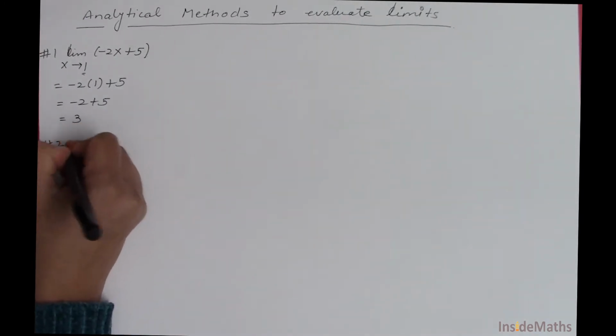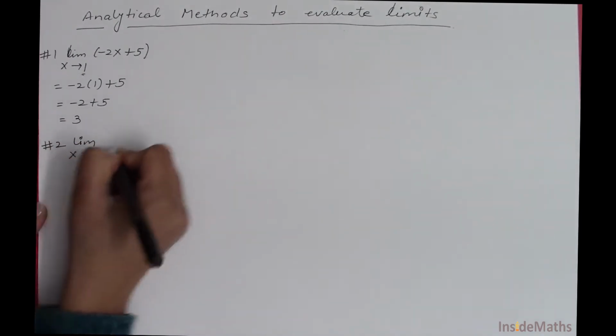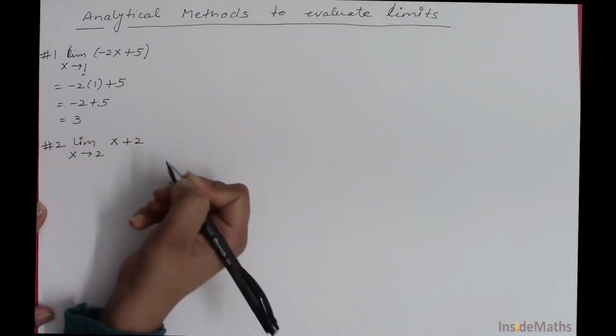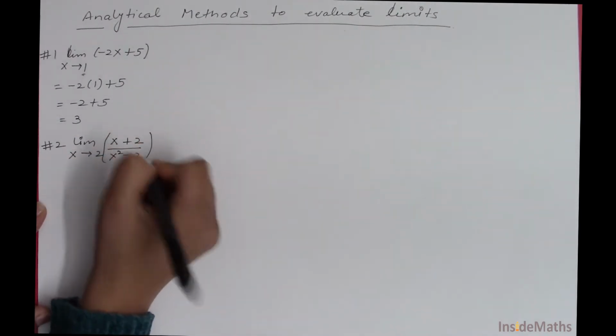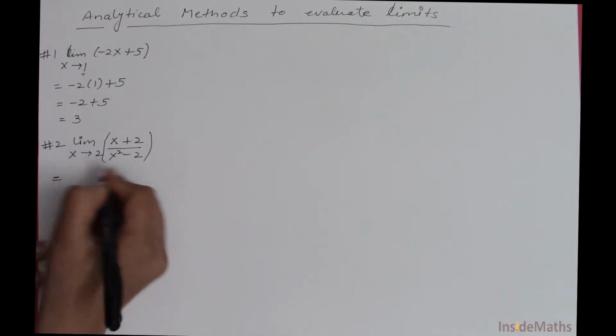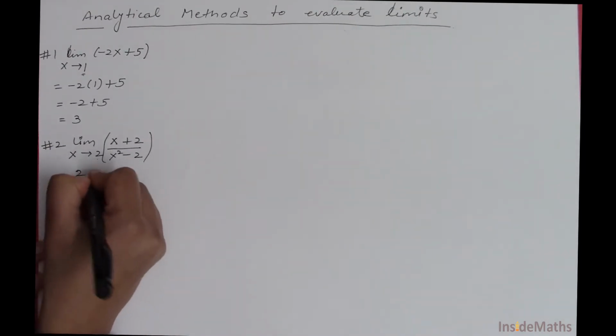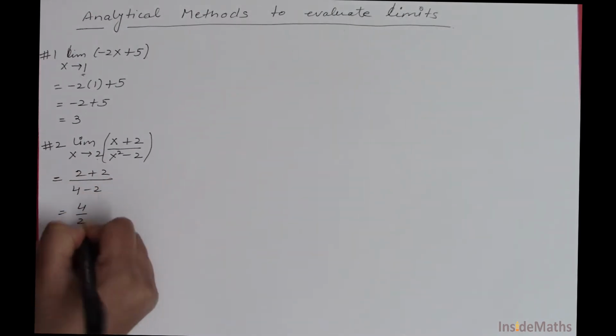I'll do another example. Limit x approaches 2 of (x plus 2) over (x square minus 2). Now the first step is to put the value into the function and check. 2 plus 2 over 2, which is 2.